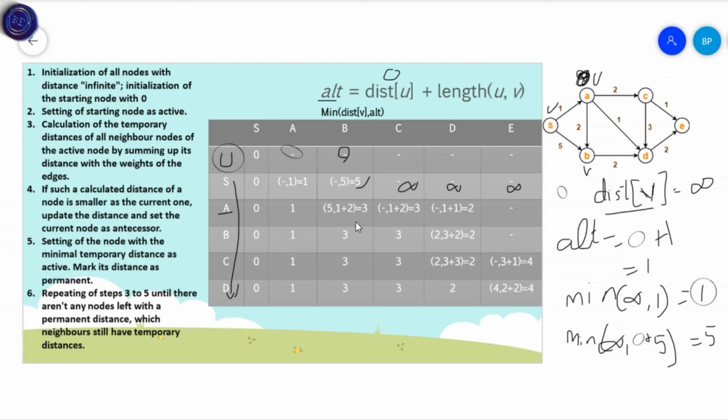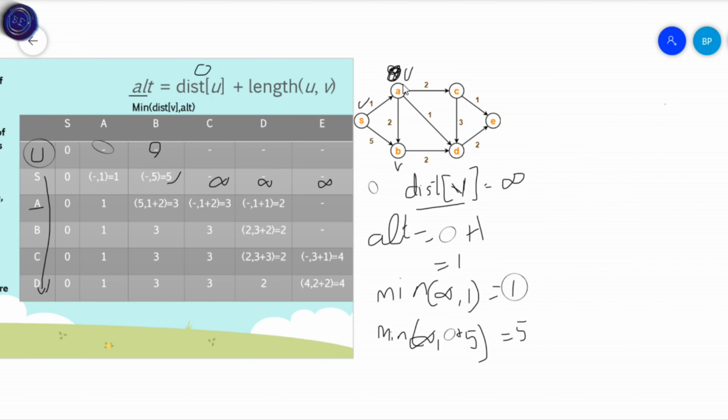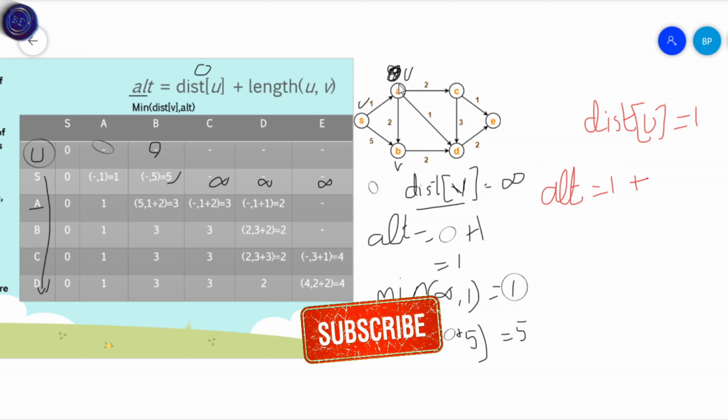Next, coming to A to B, what is the distance from A to B? Now let us calculate it. So A is the source node and V is the destination node. So distance of U is what? Distance of A is 1. Okay, now we are going to find the distance of the destination node, that means B. Alt equals distance of U, which is 1, plus the length of UV, that is A to B, the distance is 2, that equals 3.